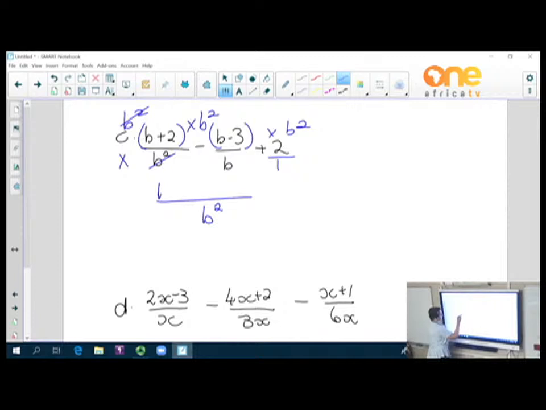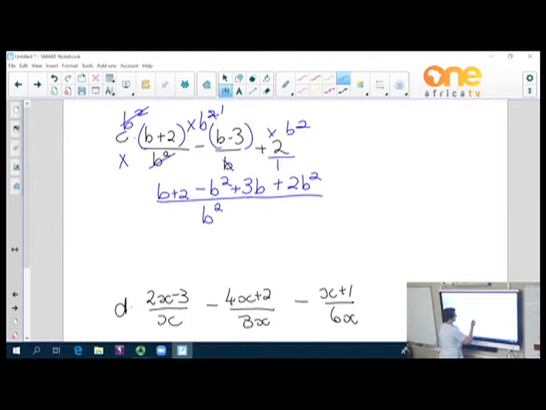So then we have b plus 2. Here the 1b will cancel out there. Remember the negative there, so it's minus b squared. Negative times the negative is positive 3b. And this one plus 2b squared. Now we add the like terms.